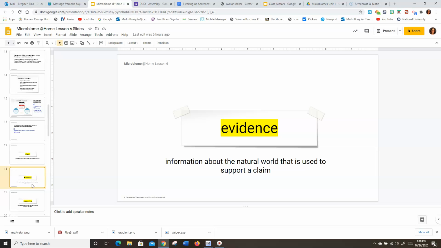So I'm going to put information, and then I'm going to put in parentheses data, about the natural world that is used to support a claim. And then I'm going to make a line. Okay, I'm going to go on to the next one. If you need a pause, go ahead and pause here.